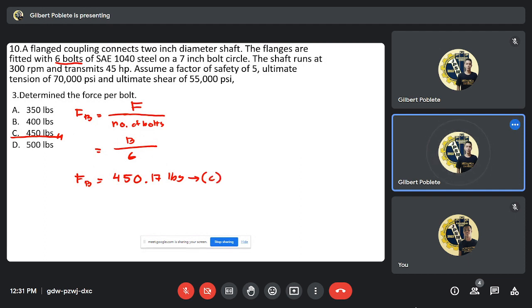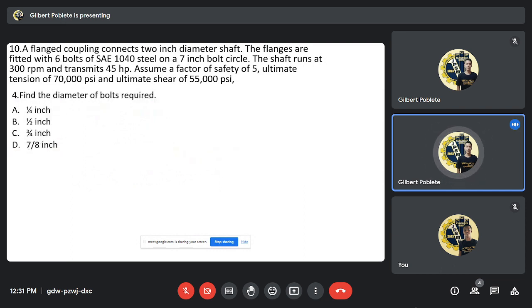So ayan, number 4. Find the diameter of bolts required. So dito, para makuha natin, pwede natin gamitin yung shear stress ng bolts. SS equals to FB over pi over 4 d squared.